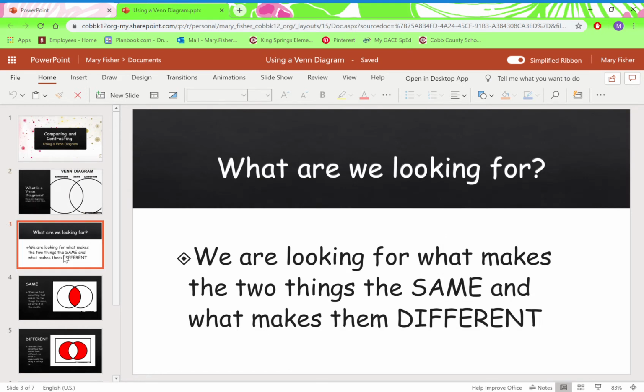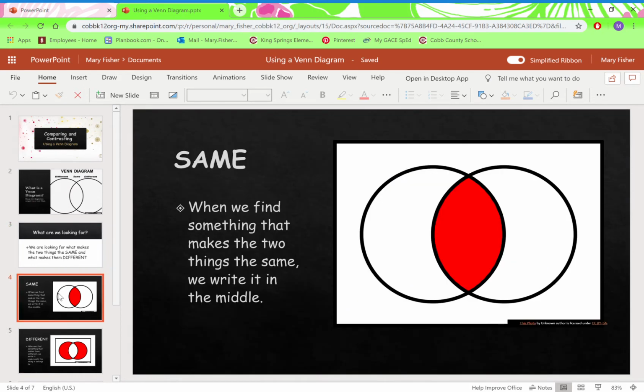When we use a Venn diagram, we are looking for what makes those two things the same and what makes those two things different. When we have found something that makes those two things the same, we write it in the middle, which is where you see that red section right in the middle of those two circles. Anytime I'm comparing something, let's say, for example, I want to compare cats and dogs.